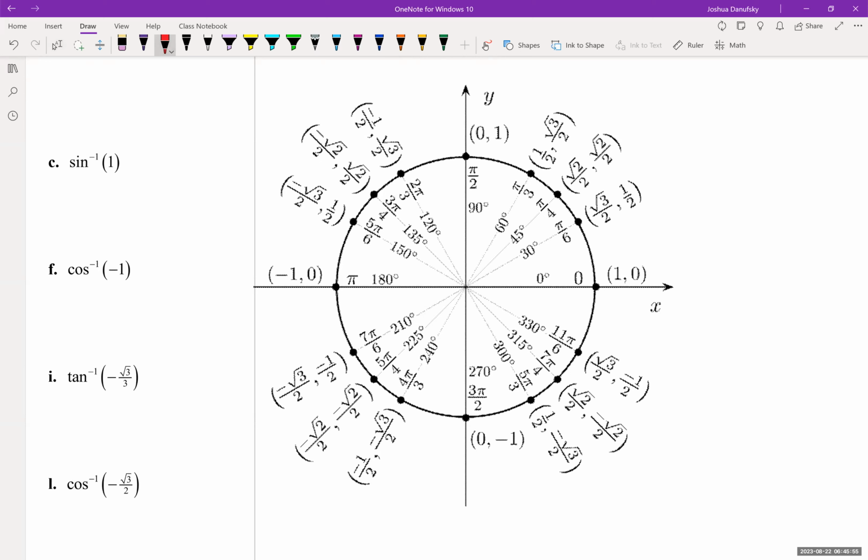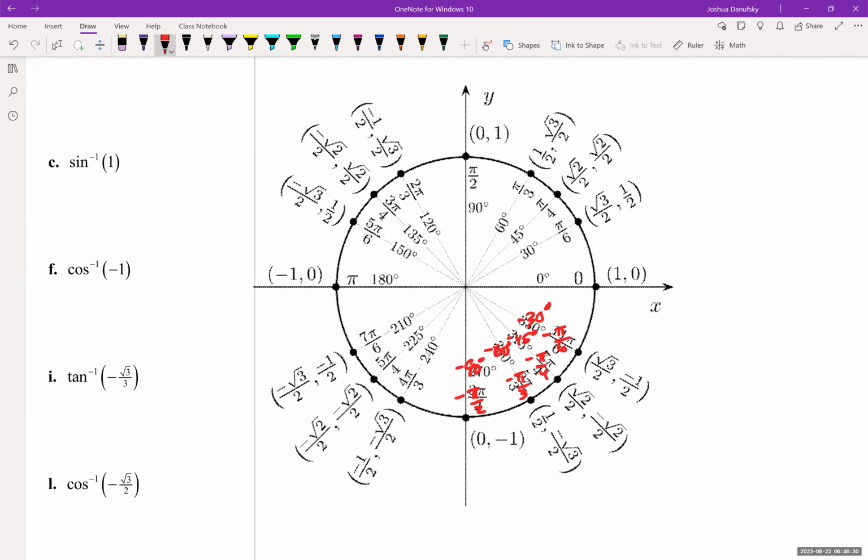So the first thing I'm going to do is turn this into negative pi over 6, negative pi over 4, negative pi over 3, and negative pi over 2. We cannot use those other values because they are outside of the ranges of our inverse trig functions. And of course, negative 30 degrees, negative 45 degrees, negative 60 degrees. It's a little sloppy, but hopefully we've got that all in there.